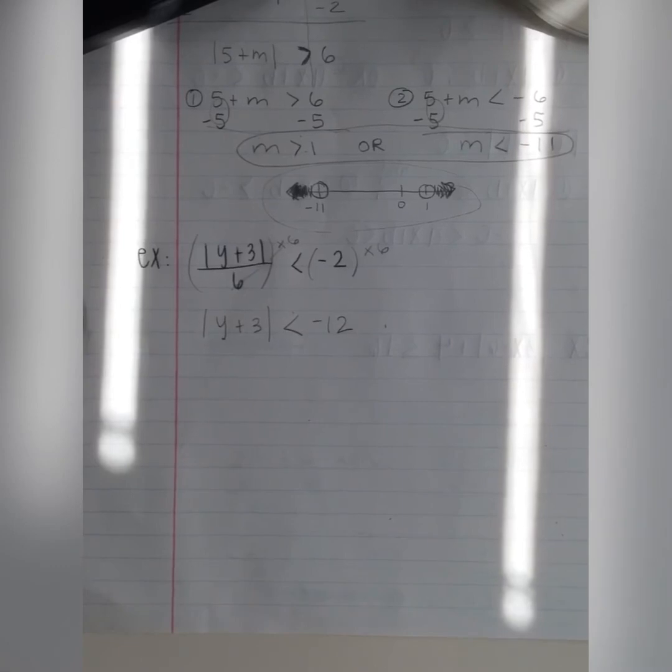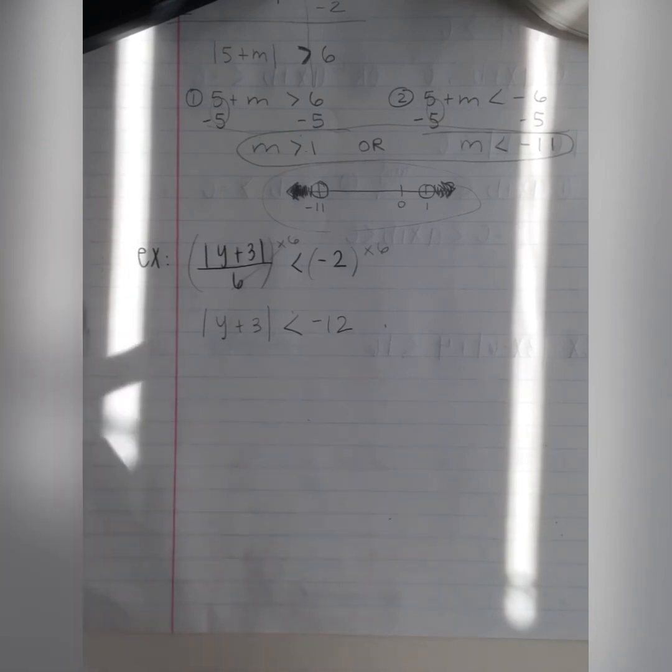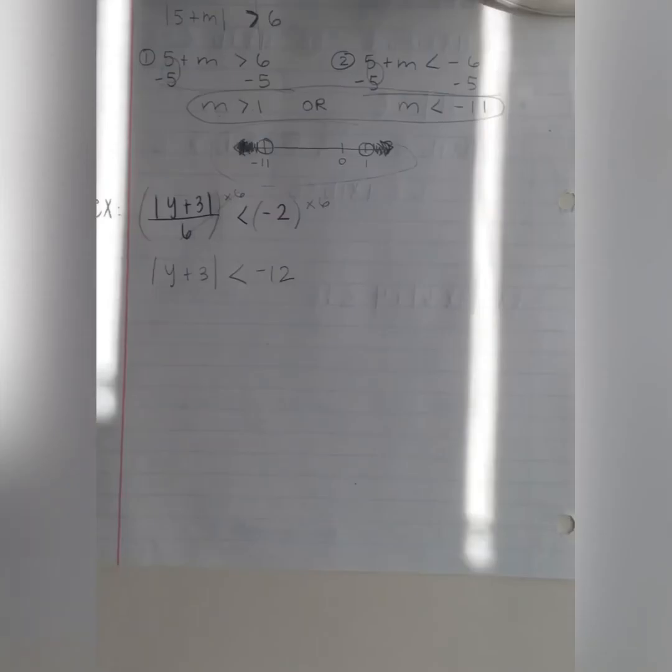If you'll notice or remember from the video I posted about special cases, right? The absolute value of anything is always going to be a positive number because absolute value is the distance something is away from 0, right?